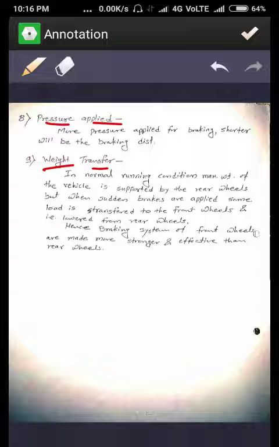So at that particular moment, there will be near about 80% weight at the front axle and 20% at the rear axle. In this situation, we have to make the front braking system quite effective compared to the rear one. So this is the weight transfer parameter.